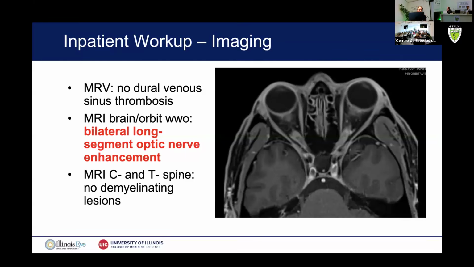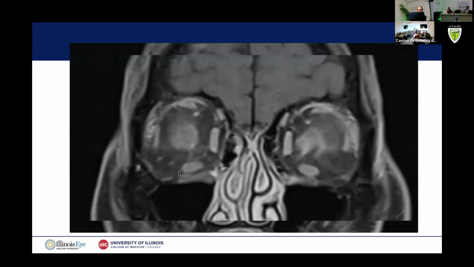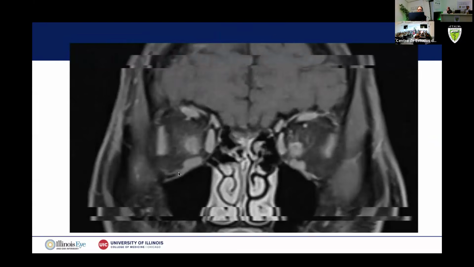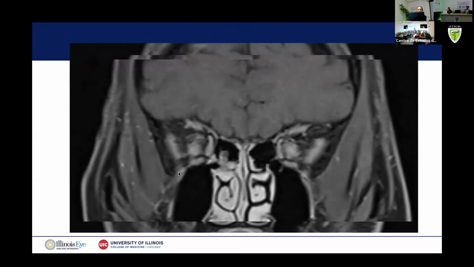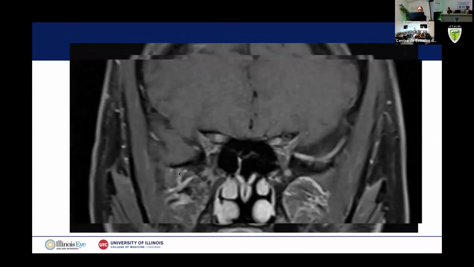There was no dural venous sinus thrombosis or intracranial mass. And then MRI brain, C-spine, T-spine did not have any other enhancing lesions. So we'll walk through some coronal shots of his MRI here, which demonstrates the bilateral optic nerve enhancement.